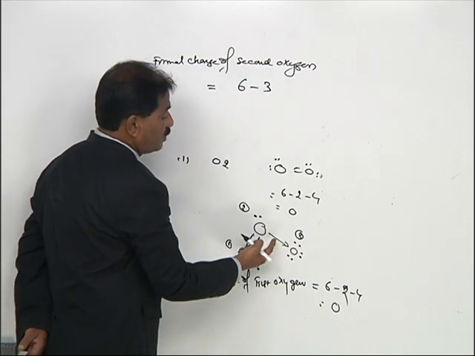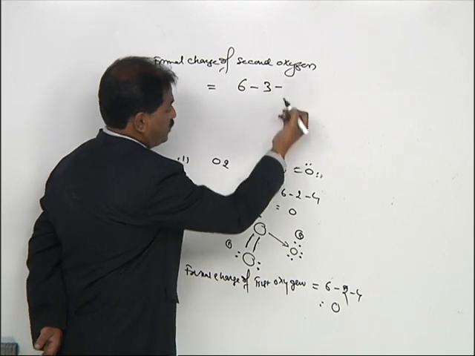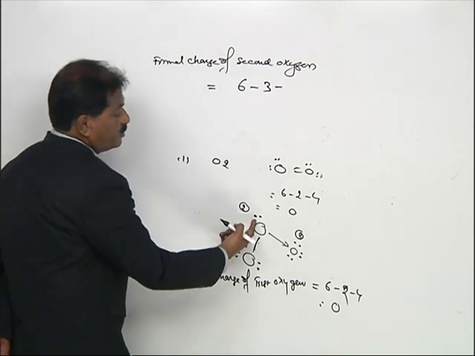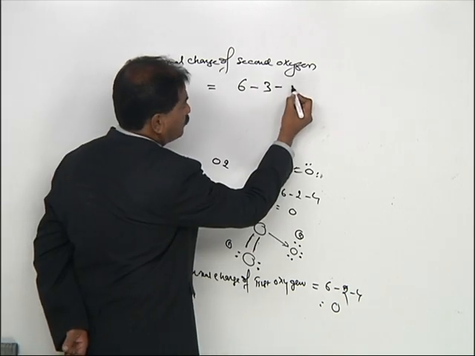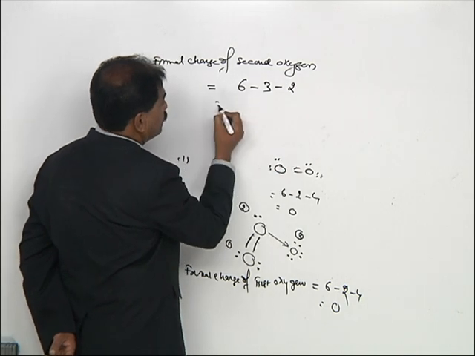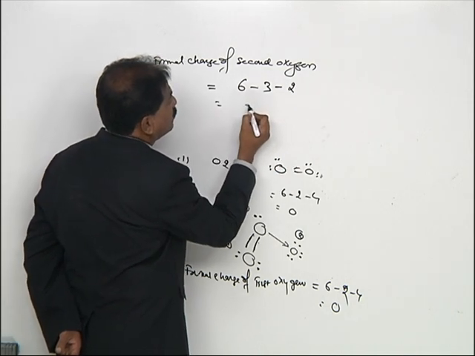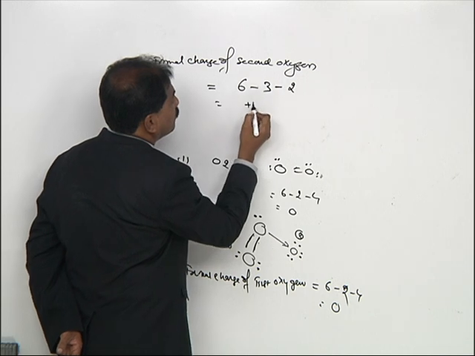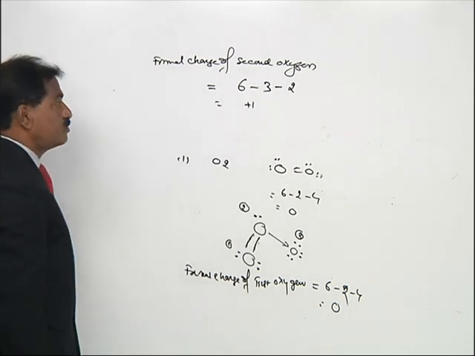Here 1, here 1, here 1. Next 1. Next here 2 electrons. So, therefore formal charge is 1. Formal charge is 1.